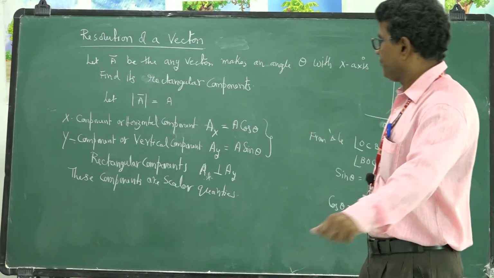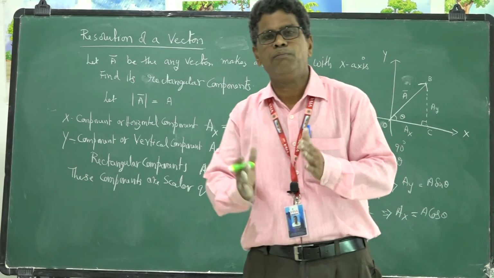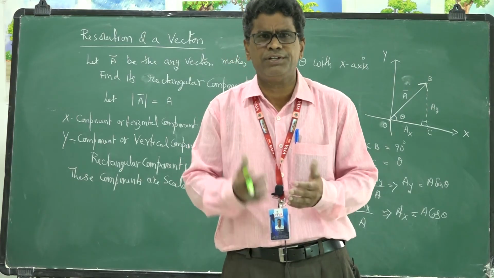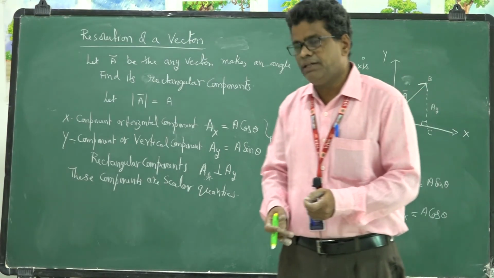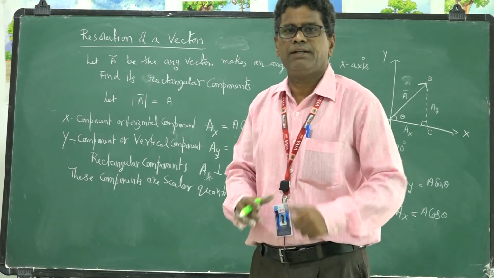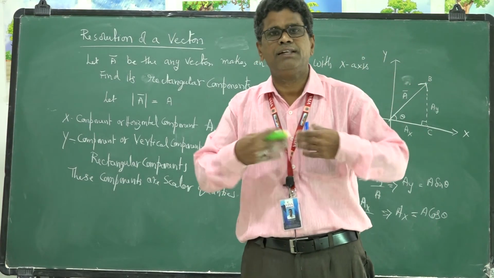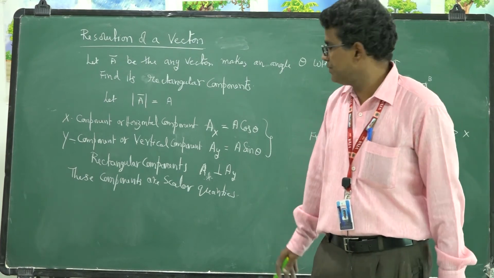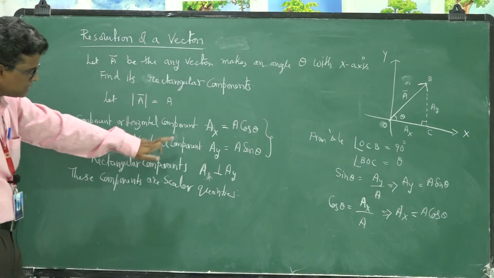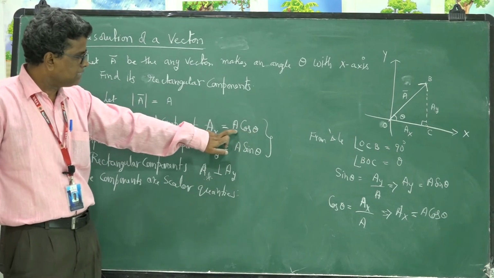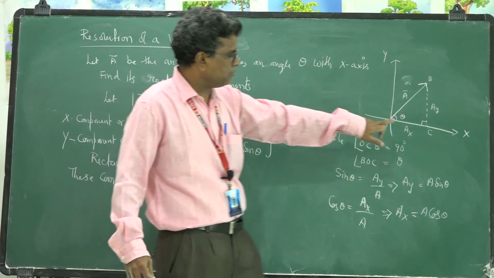Now, vector resolution. Components means a part of it. We can divide a vector into a number of components. If you add all these components, you will get the vector again. How? See how I am writing. Multiply the scalar quantity A cos theta with the unit vector.